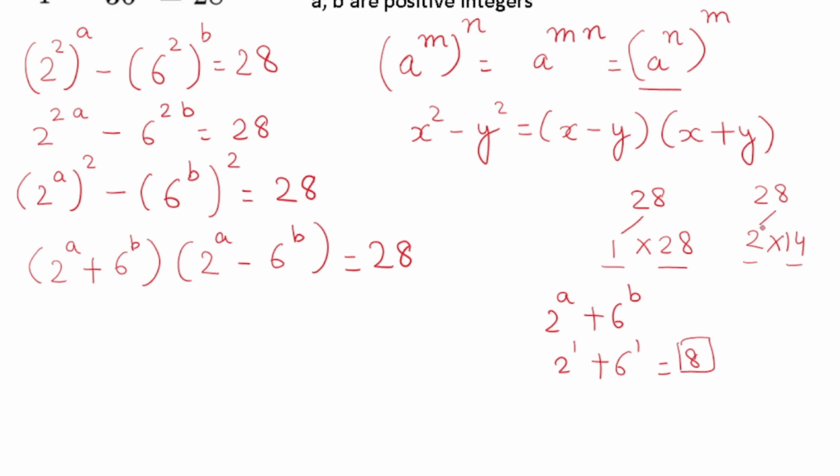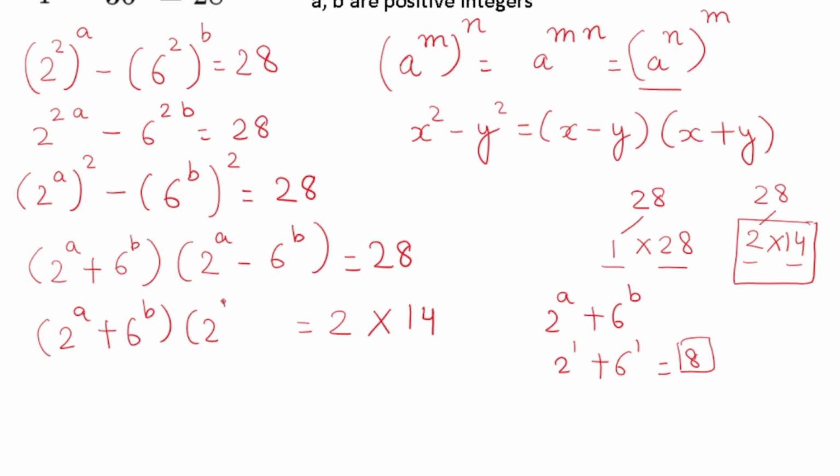So this is the ideal case. We should write 28 as 2 times 14. That is the ideal pair to choose out of these three pairs. So 2 raised to the power a plus 6 raised to the power b, times 2 raised to the power a minus 6 raised to the power b, is equal to 2 times 14.